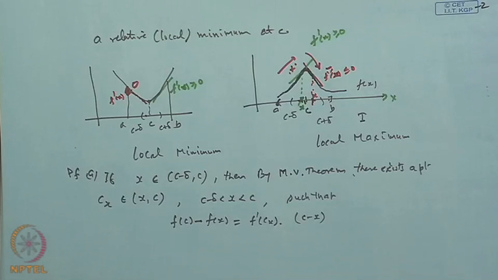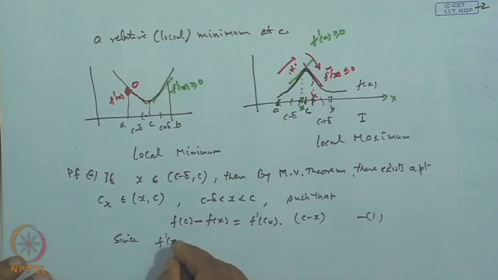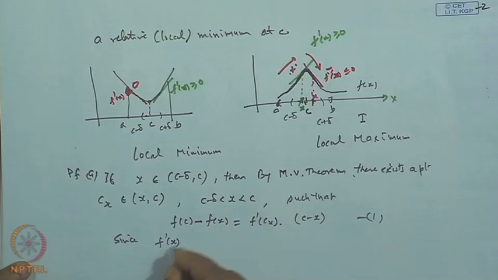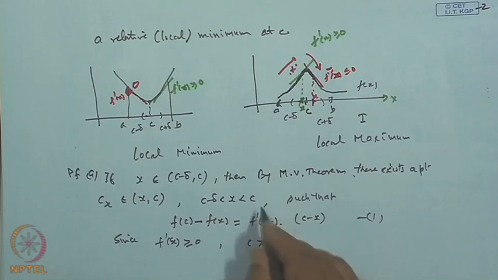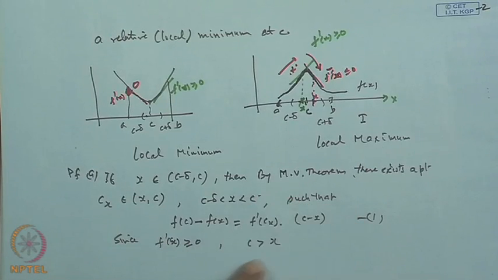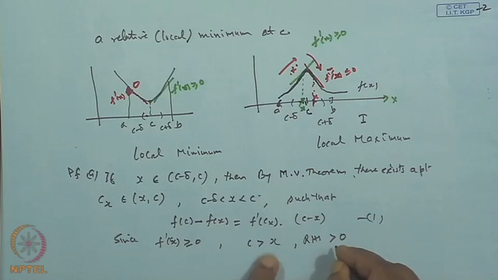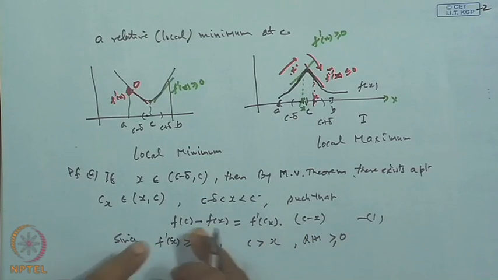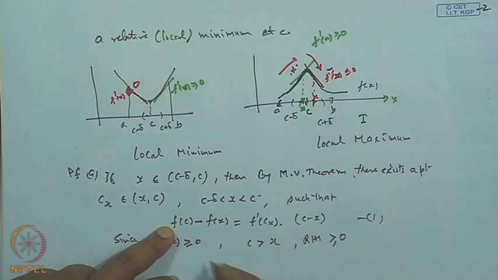Okay. This one. Now, since it is given that over this side f prime x is positive, f prime at c x is greater than or equal to 0. Now, c is already greater than x because of this interval. So, the right hand side is greater than or equal to 0. Therefore, the left hand side has to be non-negative.